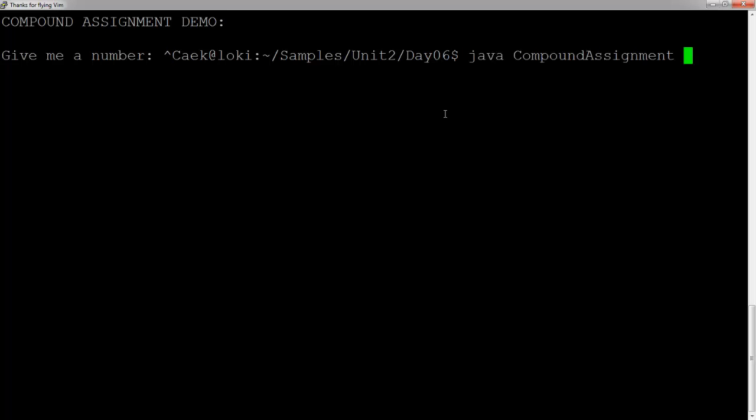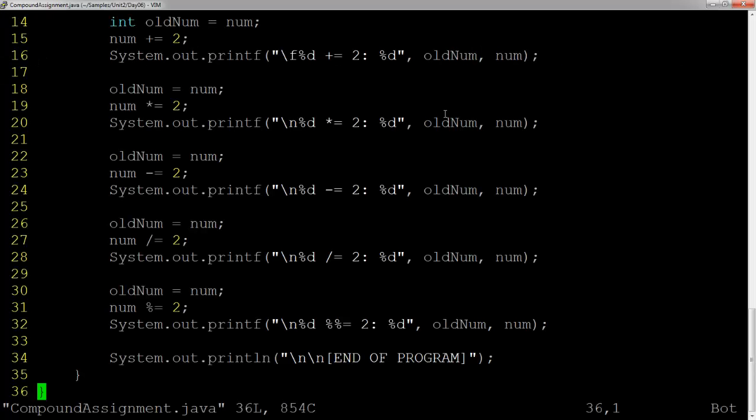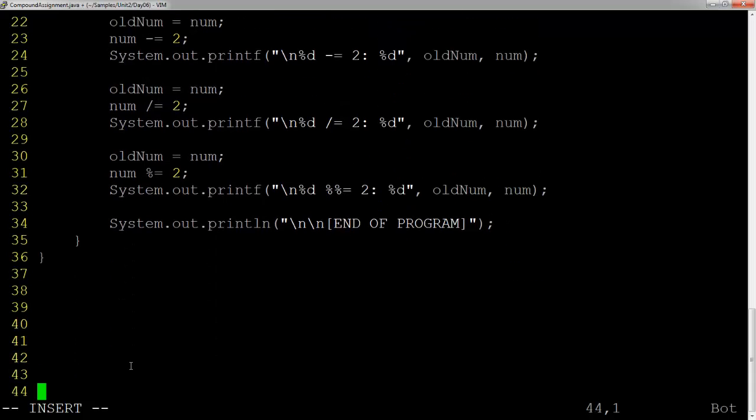Okay, the important thing that we need to look at with regard to compound assignment is that the thing on the left of the expression always has to be a variable. We're not able to, for instance, do something like 12 plus equals 7.